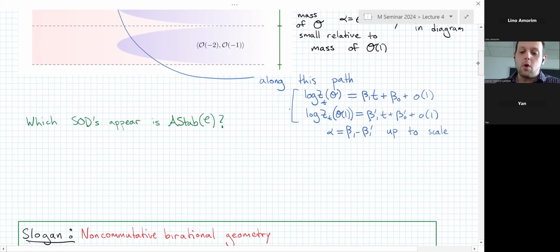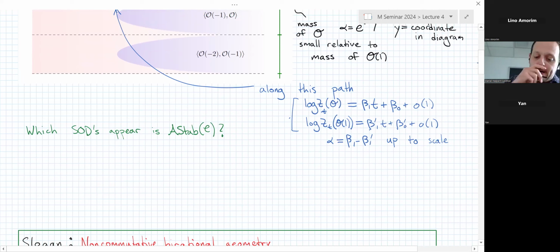And now you can say exactly which SODs appear in this partial compactification. It's exactly those for which all factors have stability conditions.